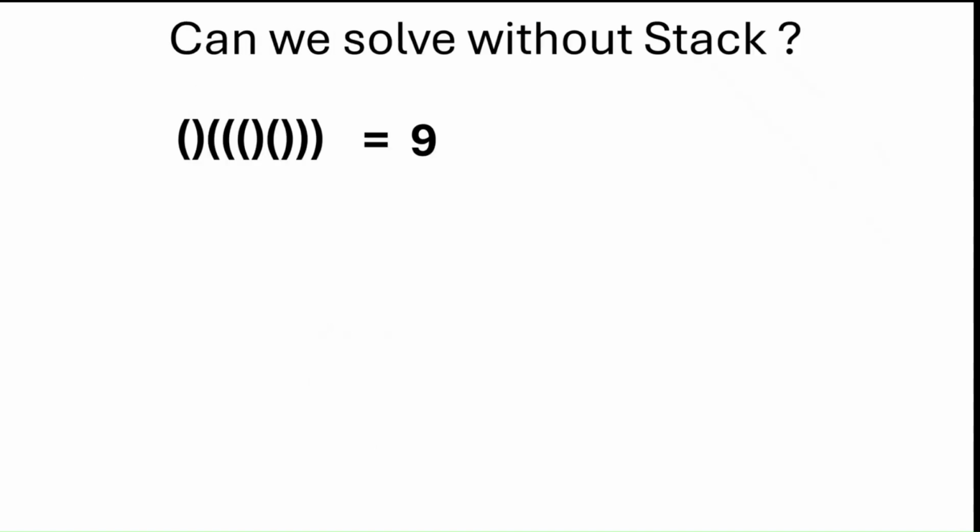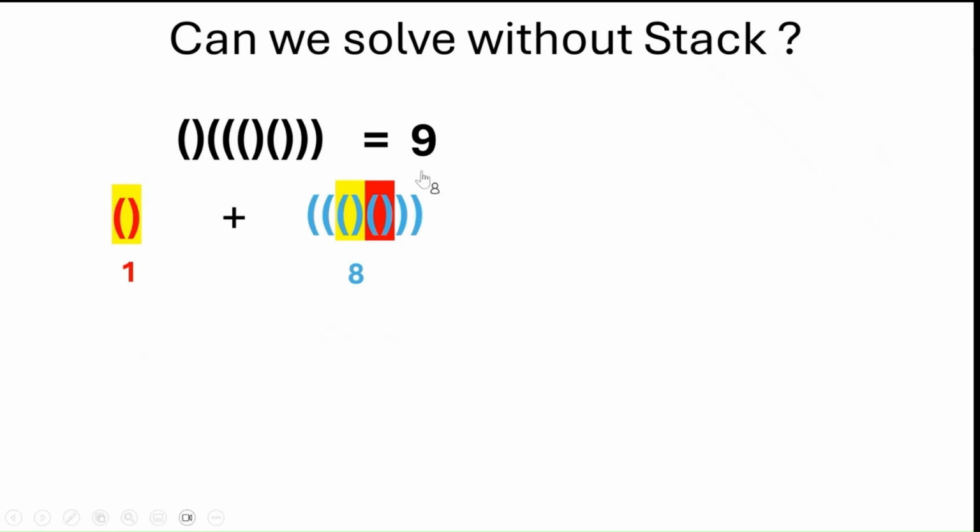So now the question is, can we solve this without using a stack? So let's say this is our input example. Now this string can be represented as a combination of this empty parenthesis plus the rest of the string. And we have highlighted the empty parenthesis here. We'll understand why. So the score for this first string is 1 and the score for the rest of the string is 8, as we understood in a previous slide.